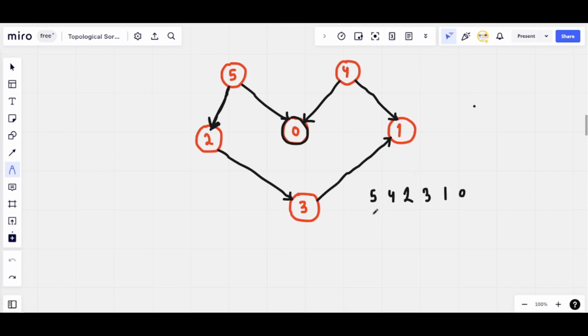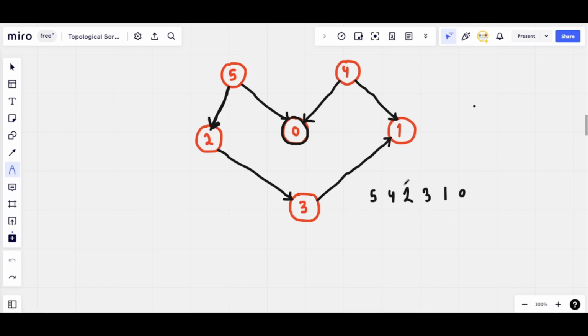So this is one of the examples, 5 4 2 3 1 0, which is a topological sort for this directed acyclic graph. Now you can observe any pair of vertices, let's say 2 and 3. We can see there is an edge from 2 to 3, and let's say 2 and 1, so we have to move from 2 to 3, then from 3 to 1 to reach this 1.